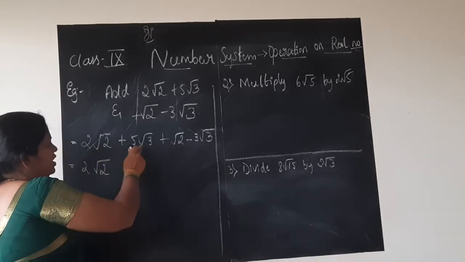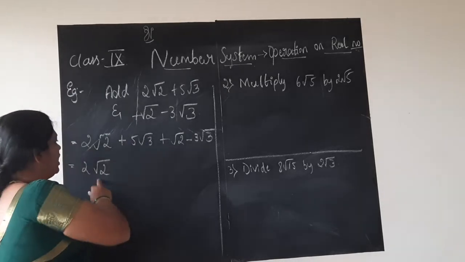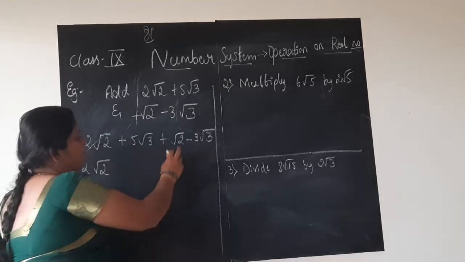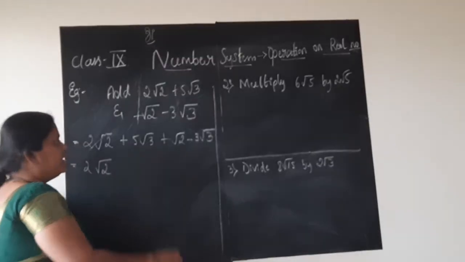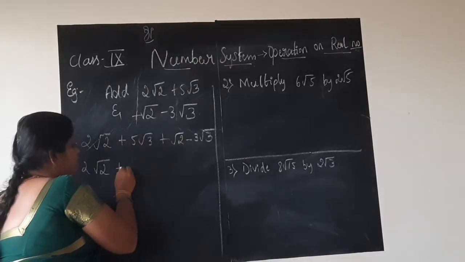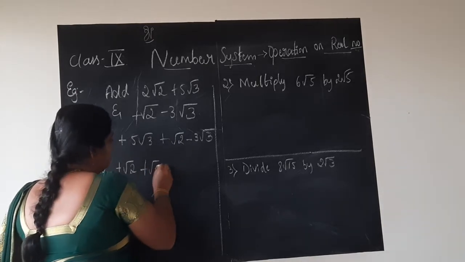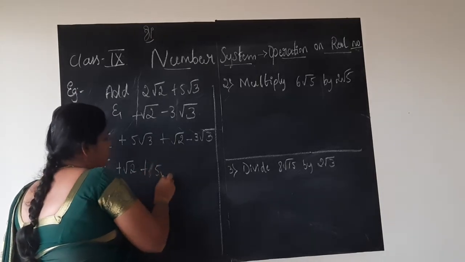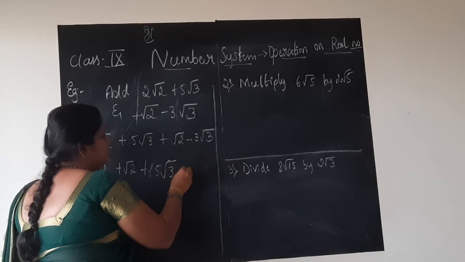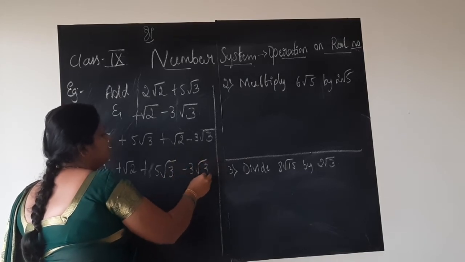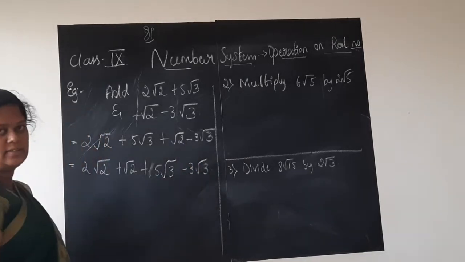Next I have root 3; I cannot add square root 2 and square root 3. But I have one more root 2 term here, so I will bring that here: plus square root 2. Next the remaining term, 5 root 3, and one more term, 3 root 3, I will write.